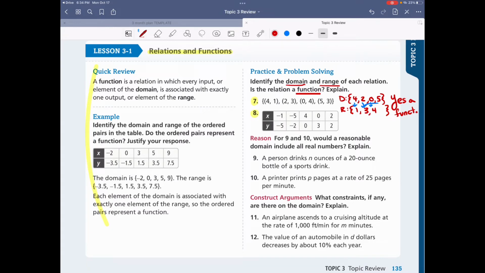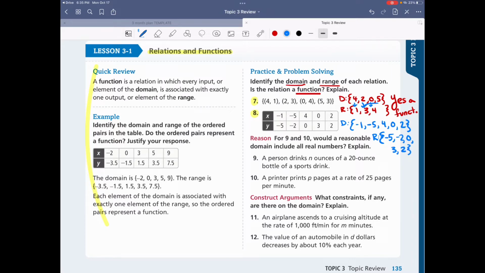On number 8, the same thing, we're asking for the domain and range. So the domain is the x values, -1, -5, 4, 0, 2. The range is -5, -2, 0, 3, and 2.